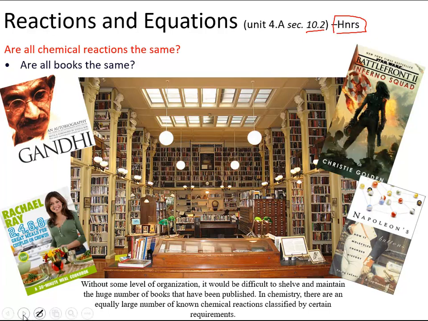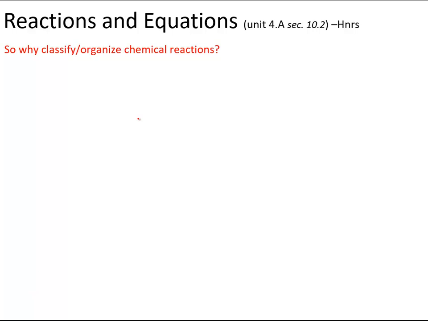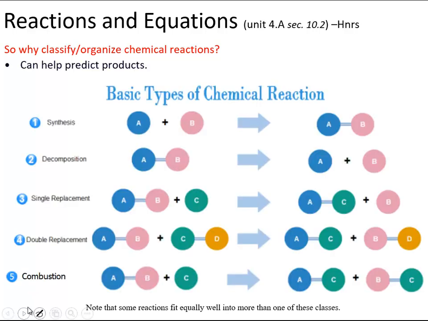Now, we can have some rules organizing chemical reactions. Chemical reactions can give us a lot of information, especially on how products are created. So there's 5 basic chemical reactions. There are many more chemical reactions in the field of chemistry, but 5 basic ones that you should just kind of get a hold of.